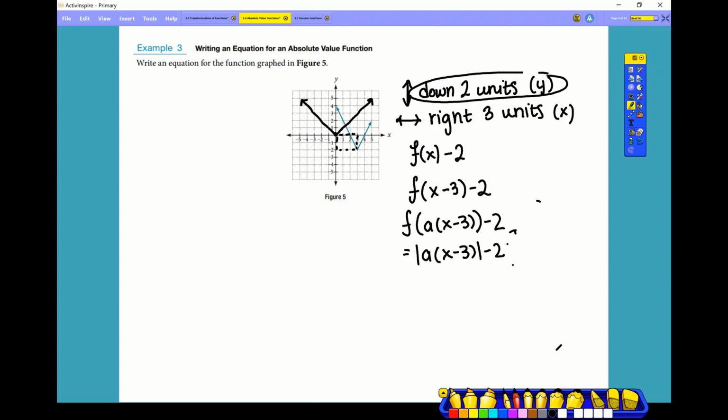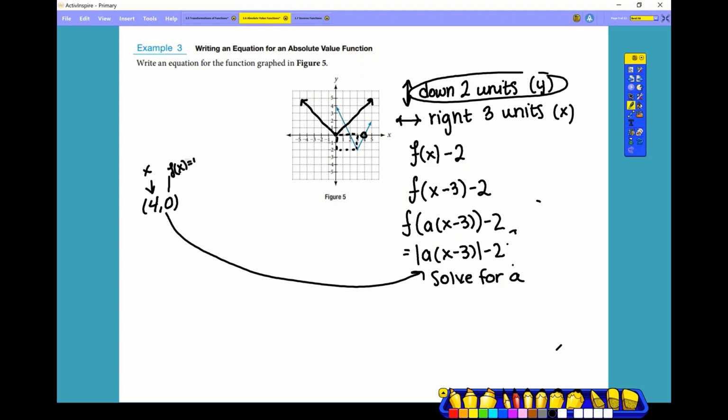And I am going to take a point from this. So I'm going to take this point, 4, 0. And I'm going to plug that in and solve for a. So this is our x. This is our f of x, which is equal to y. And remember, that's this whole thing, which is equal to y.